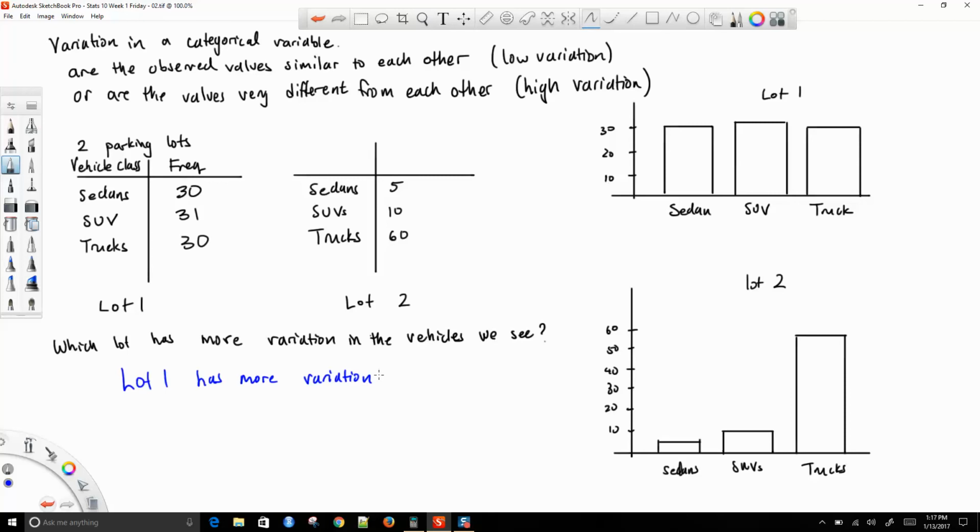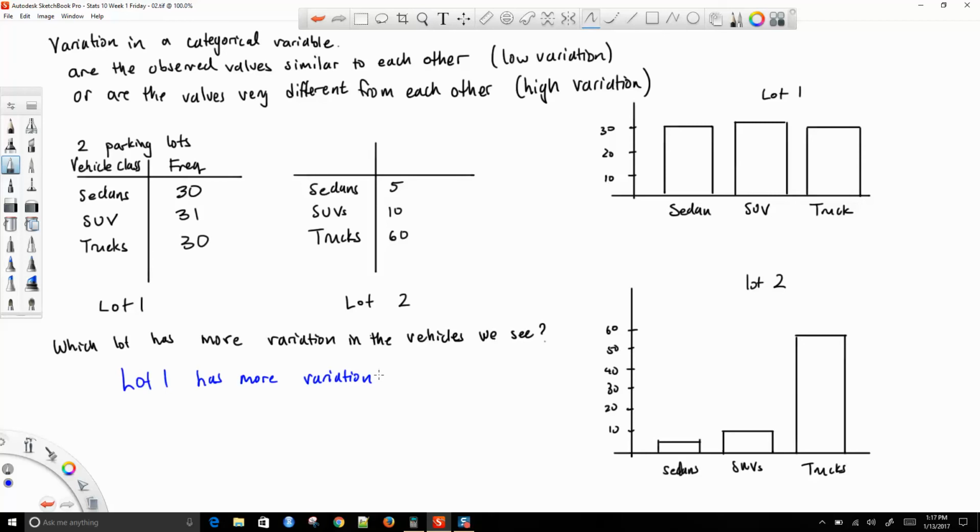Trucks. You just see trucks, right? You're like, well, man, everything's a truck here. And then you have a few sedans and a few SUVs, but not really, okay? So as far as variation, or, I mean, we could even think of it as, I don't want to say this is a definition of variation, but diversity kind of gets at this notion of variation as well, as far as categorical variables.